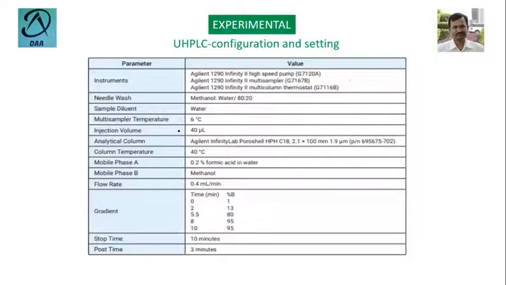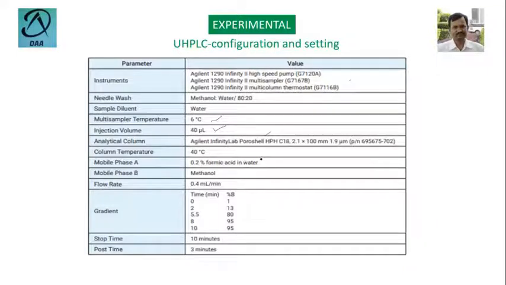In this case, the multisampler temperature is 6 degrees centigrade, sample diluent is water, needle wash is methanol, and the volume is 40 microliters. For the analytical column, you use the Agilent Poroshell in this case, which is very effective for the determination of this type of compounds, and the column temperature is as usual 40 degrees centigrade.